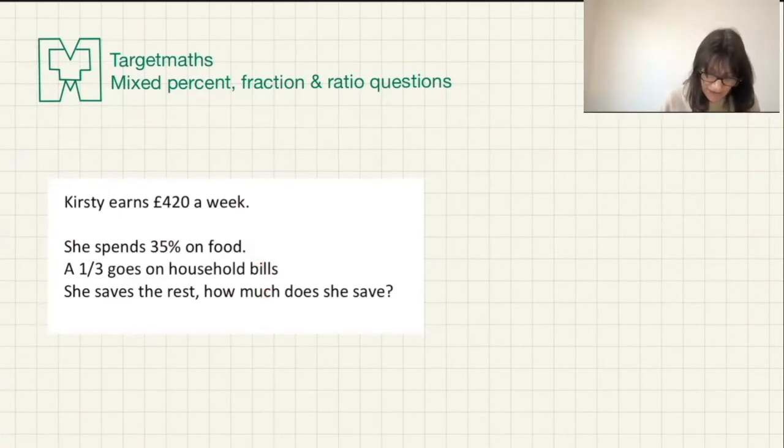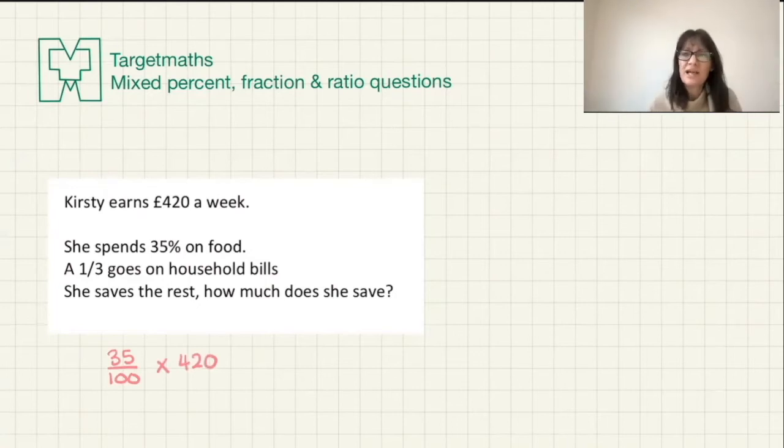If I've got to find 35% of something, 35% means out of 100. And I want to find that of 420. Now, if this is on a calculator exam, which the majority of the questions are, then you can just pop that straight in your calculator and you will get your answer. So the answer is 147.